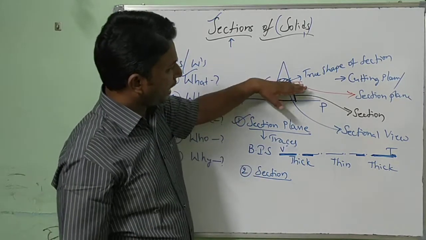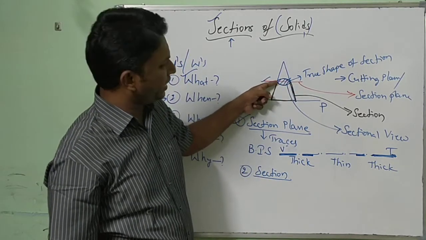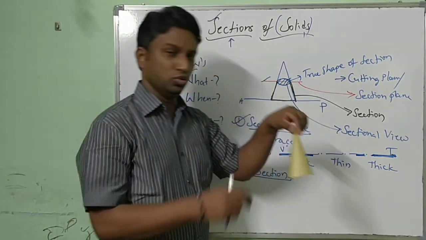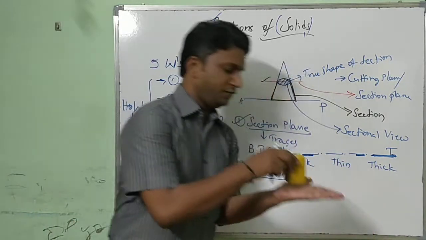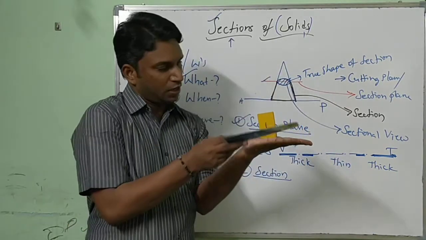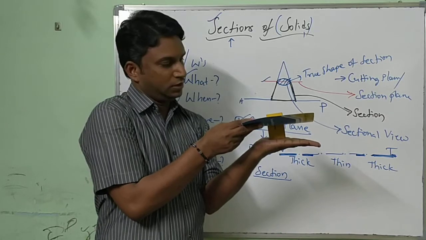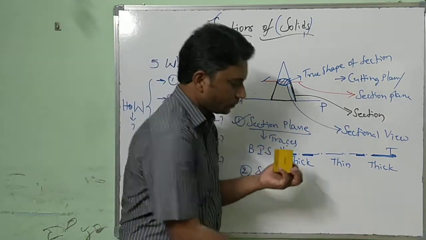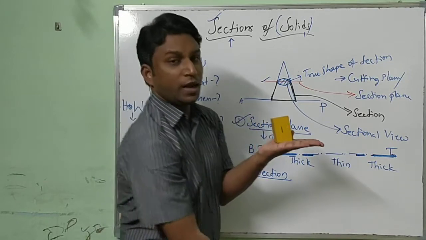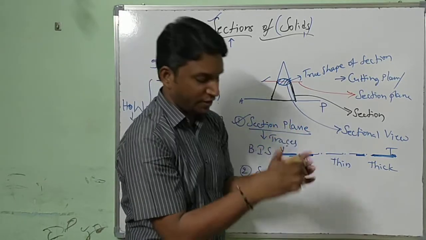When I have made a cut and removed the bottom portion, I can directly show you. Same way, if it's a square prism and I take a section plane parallel to HP and cut, when I remove that bottom part, it will be another form of a rectangle, half part of a rectangle.